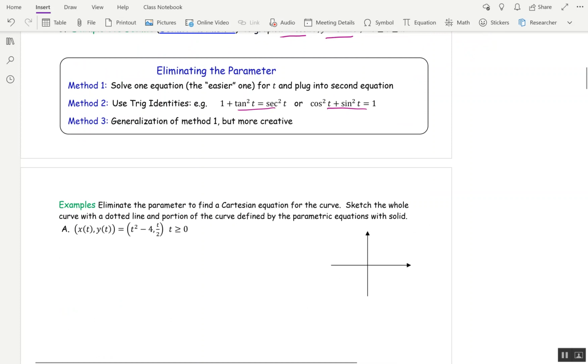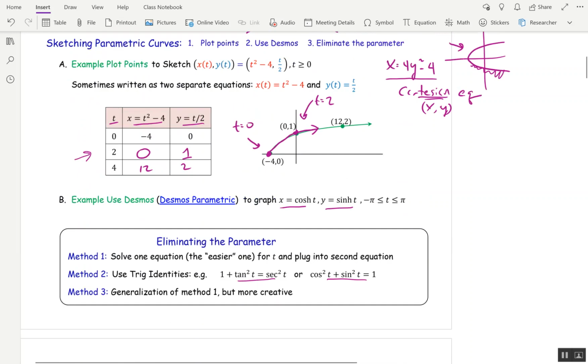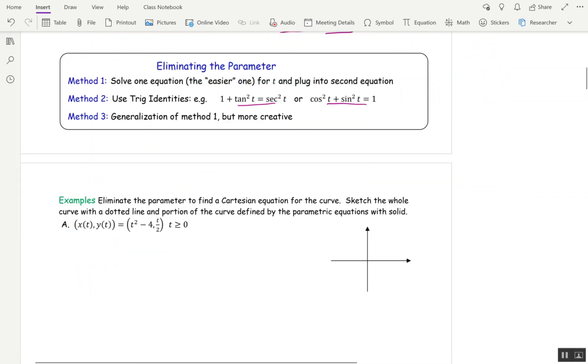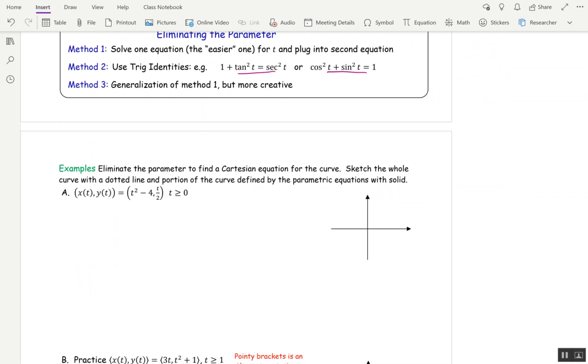All right, so here's the parametric equation that we plotted above, but now we're going to plot it by eliminating the parameter. That means get rid of t. All right, so we've got two equations. X is t squared minus 4, and y is t over 2. If I want to solve for t, I think the easier equation to use would be this one.